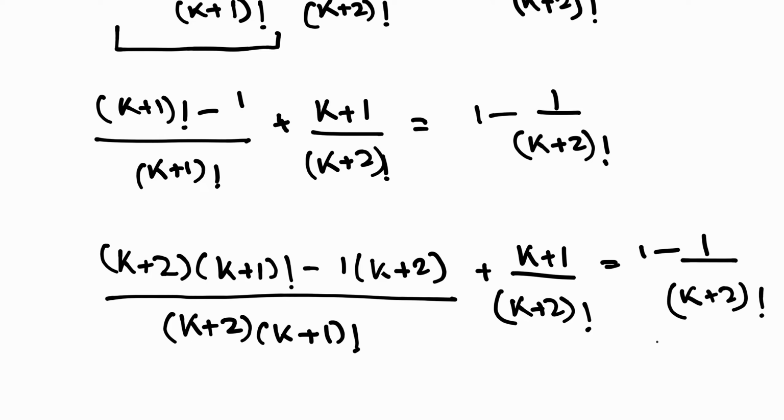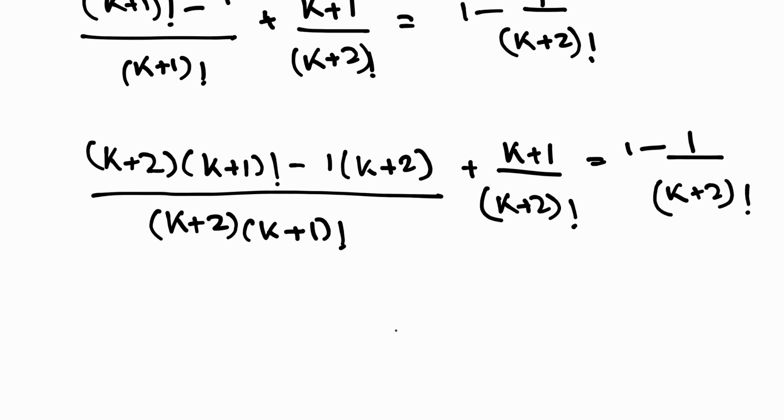Okay, again, I'm not going to touch the right side. I'm going to continue with the left. As I said before, (k plus 2) times (k plus 1) factorial is (k plus 2) factorial, because if we say 2 factorial times 3, that just becomes 3 factorial, doesn't it? So same logic applies here.